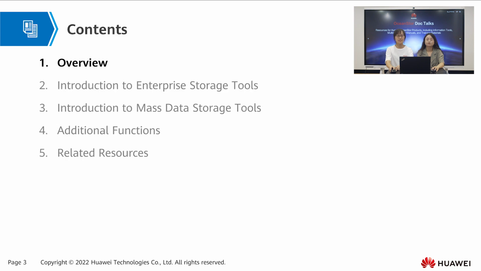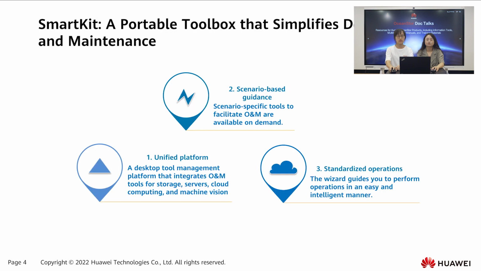First, let's discuss what SmartKit is. SmartKit is a toolkit for IT O&M engineers to simplify and facilitate delivery and maintenance. First, it can be considered a unified platform that provides O&M for IT products, such as storage devices and servers, avoiding frequent tool switchover during routine O&M.